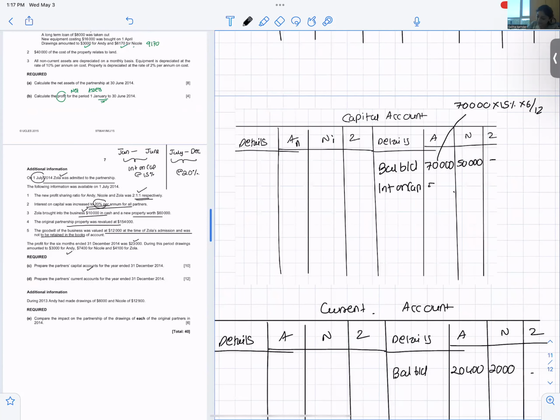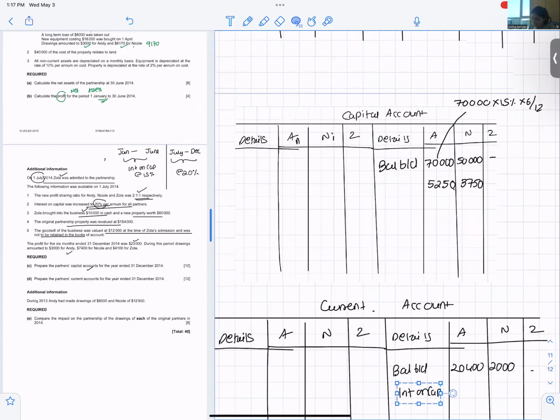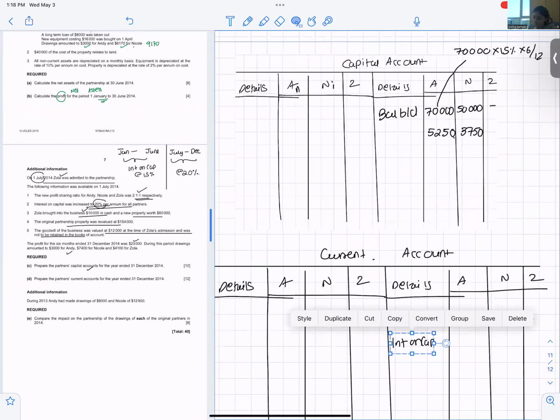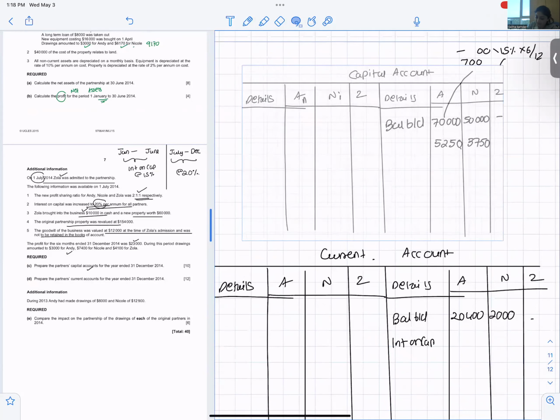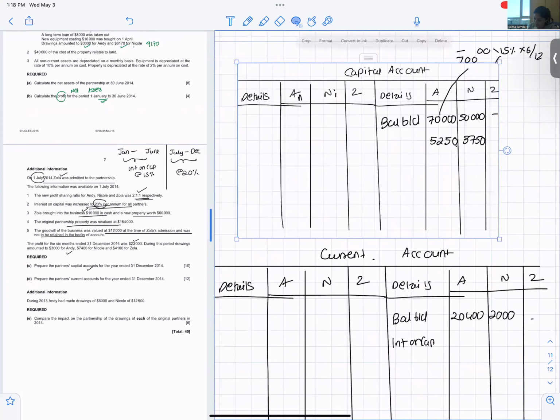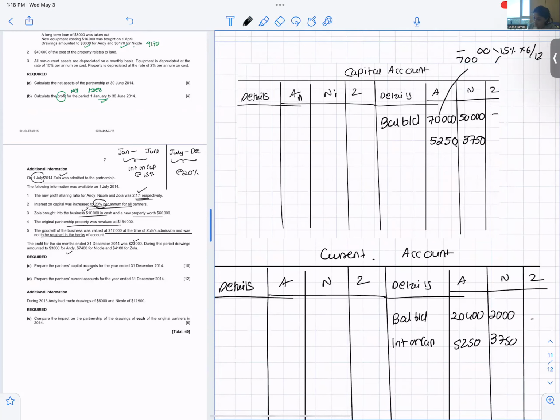So old interest on capital is 5,250, and here it would be 50,000 into 15% into 6 divided by 12, it is 3,750. This is before admission of the partner Zola. Tell me, will I put interest on capital in capital account or in current account? I will put it in the current account. So it is 5,250 for Andy and 3,750 for Nicole.